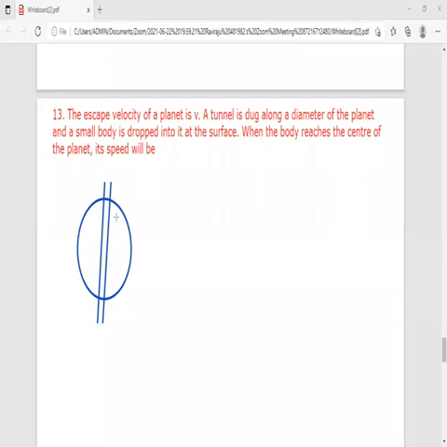It was just dug. Then a small body was dropped from the surface. What will happen to the body? The body will just fall down because of the big hole. The body continuously moves towards the center. The question is, when the body reaches the center of the planet, what is the speed of the body? That is the question. Okay, how can you answer this?